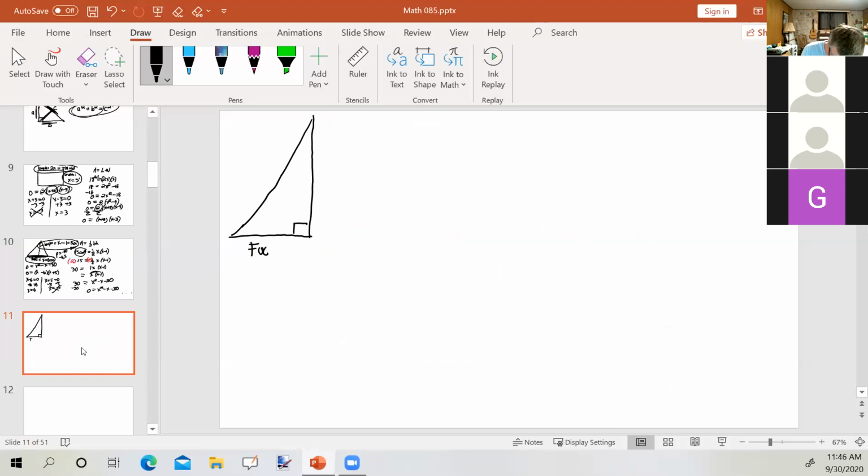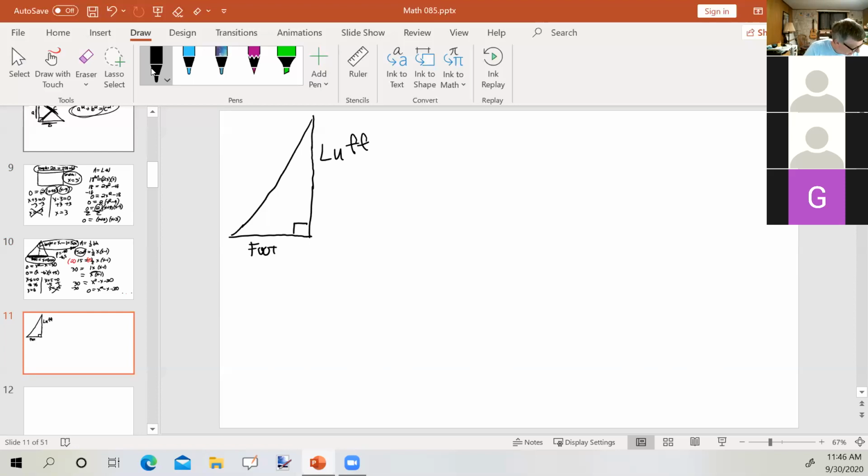This is called the foot of the sail, and this is called the luff. L-U-F-F. There we go. It's called the luff. So the foot is like the base of the triangle, and the luff is like the height of the triangle, okay?